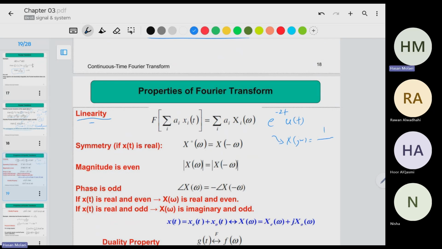What is a? J omega plus or minus? Plus this root should show this coefficient. If you find this root, which means you should put it equal to 0, j omega should be minus 2. So this should be minus 2.